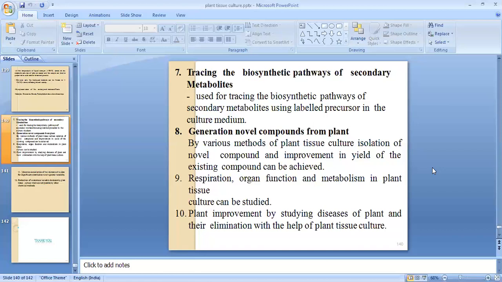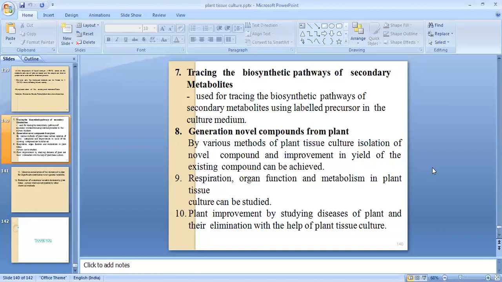This biosynthetic pathway can be studied or traced out by plant tissue culture, by using a labeled precursor. That means in ornithine, any compound or element can be labeled and incorporated into the tissue culture medium, so that what reactions are taking place and how it is going on can be traced at the final product.